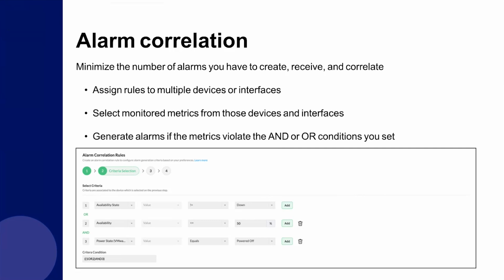So how you will figure this out is you'll have to go to the alarms tab, see the various alarms that have been generated, and correlate all this together to find out what actually went wrong.